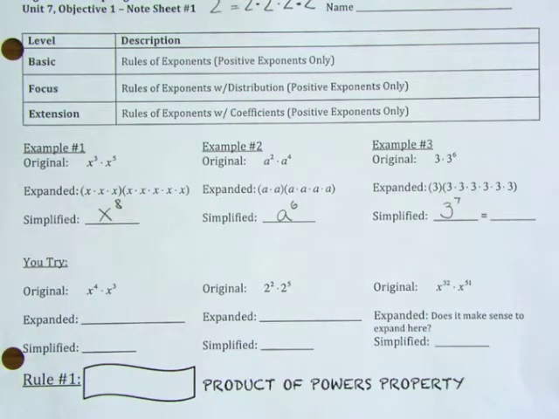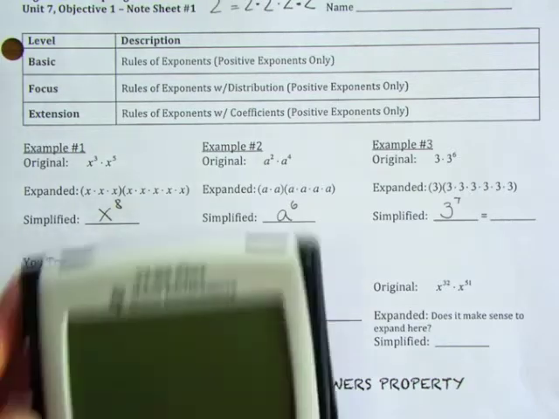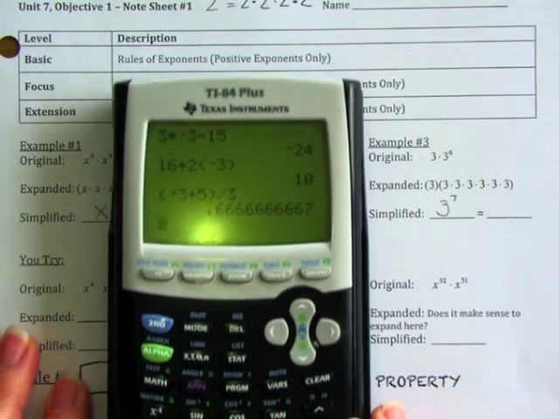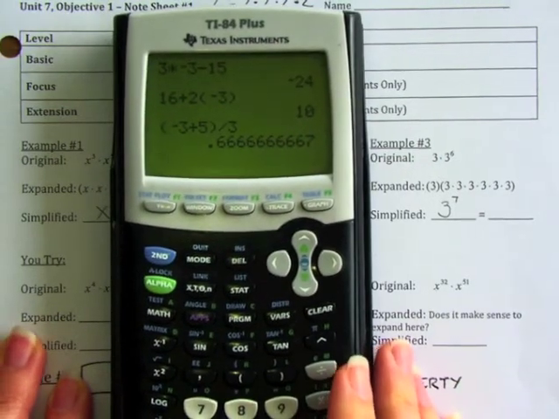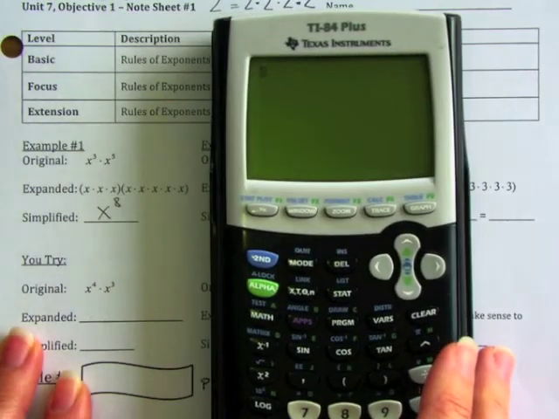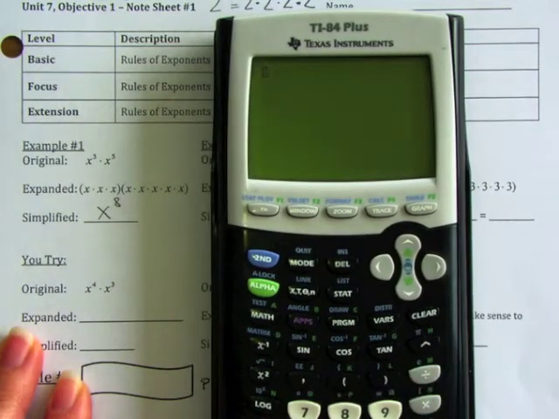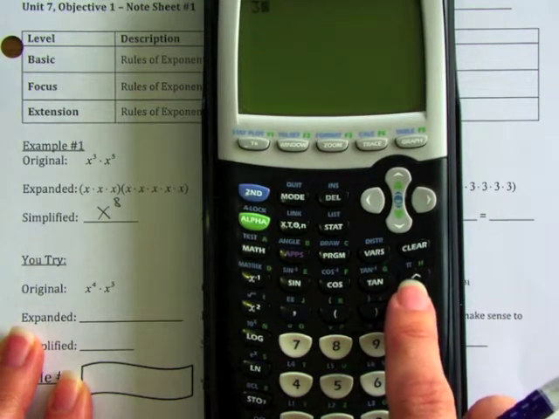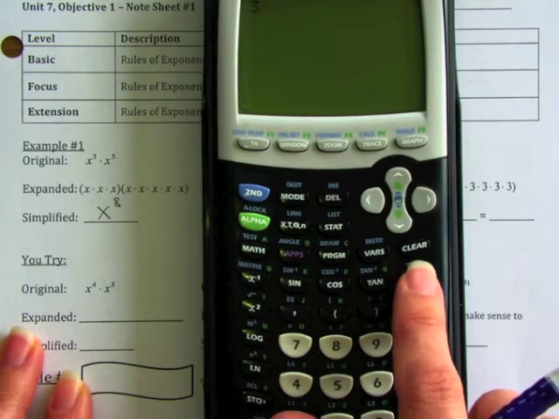We can multiply 3 to the 7th out using our calculator. Remember that you have that caret key on your calculator. So let's look at how we enter this in. I know you can't see my screen very well, but you do it on yours.